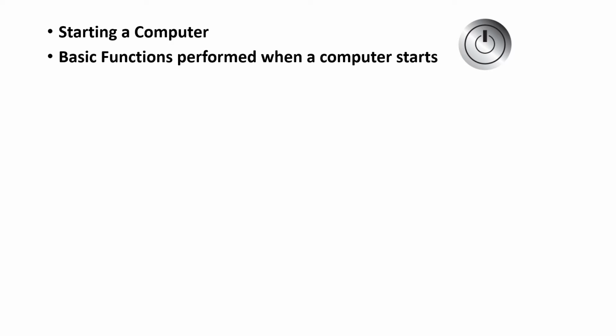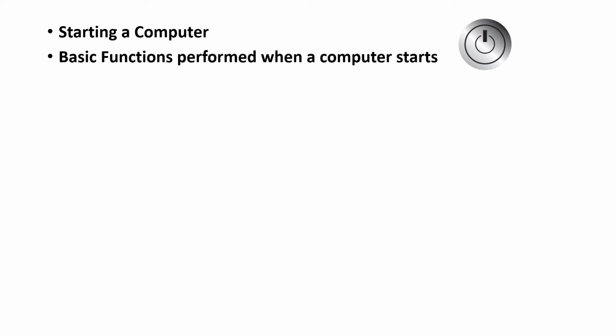As soon as the power button is pushed, the BIOS first does a self-test. If the self-test shows that the system is fine, the BIOS will load the operating system. That means if you have a Windows operating system, it will load Windows, or if you have another operating system in your computer, then it will load that other operating system.